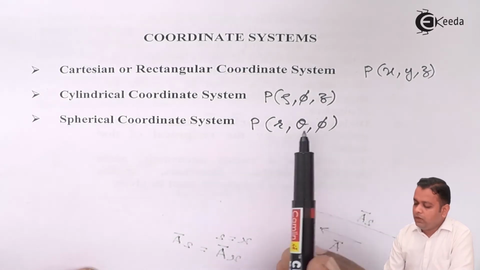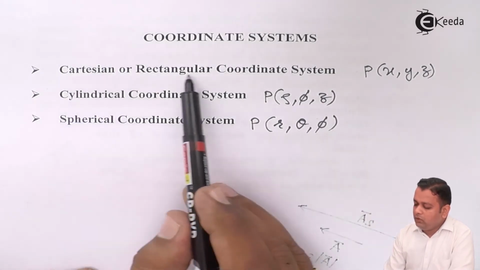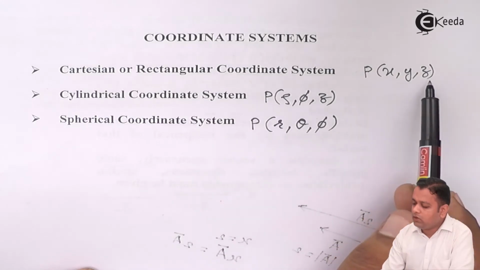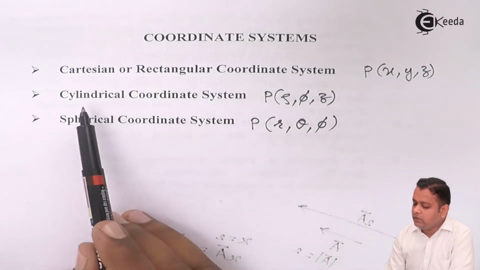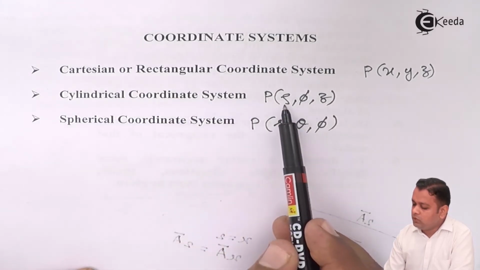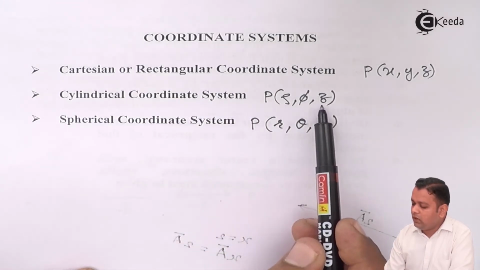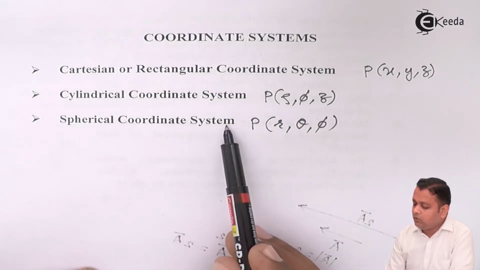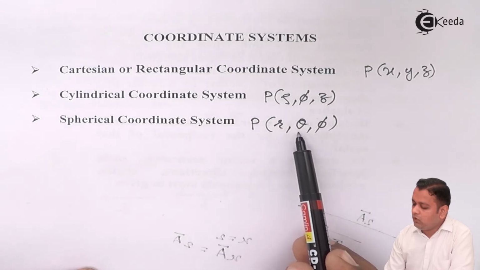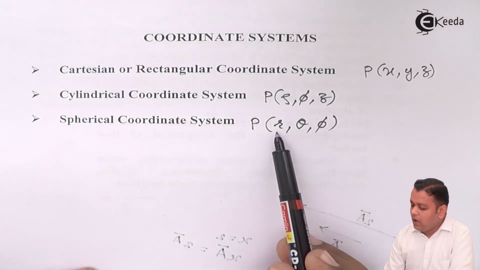Now in rectangular coordinate system, all the three coordinates are measures of length or distances in meters. In cylindrical coordinate system, two coordinates rho and z are the lengths and phi is the angle. In spherical coordinate system, there it is the role of two angles theta and phi, and r is the measure of length.